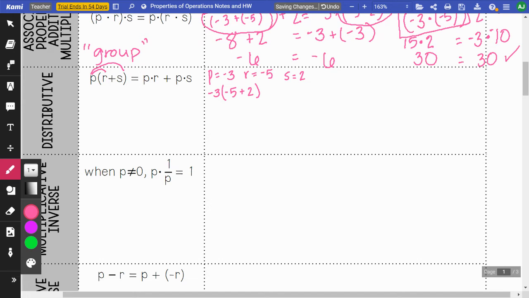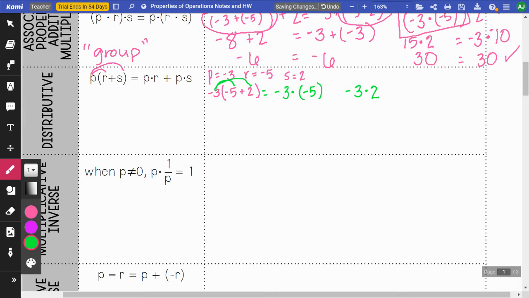Okay, and again, we are distributing. So when I distribute, I'm going to multiply negative 3 times negative 5, and then I want to multiply negative 3 times positive 2.